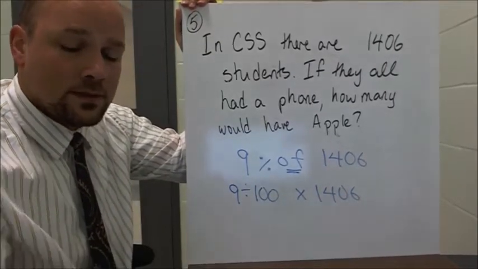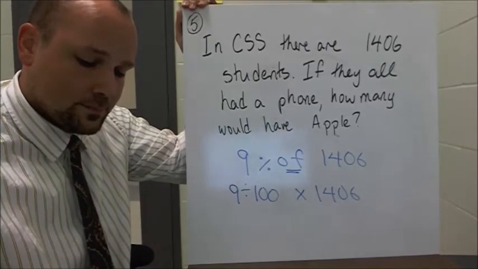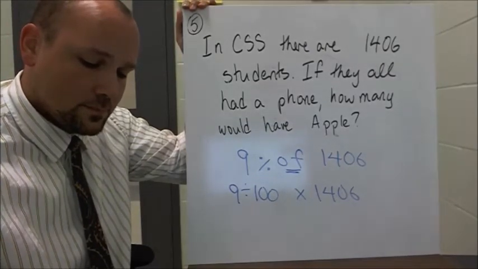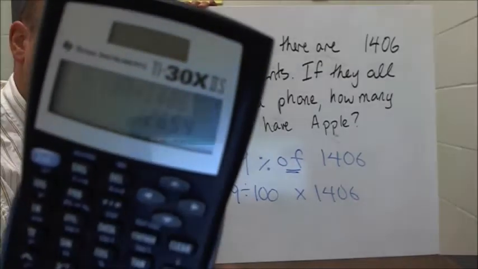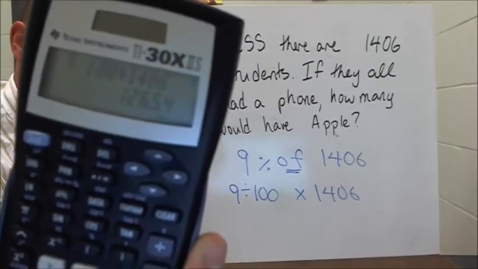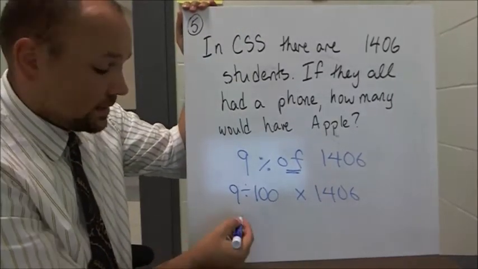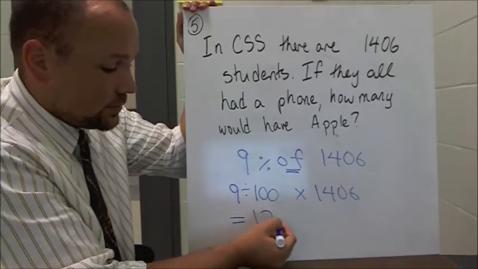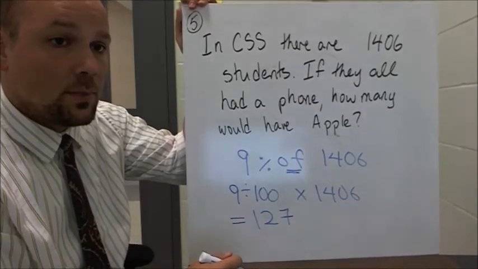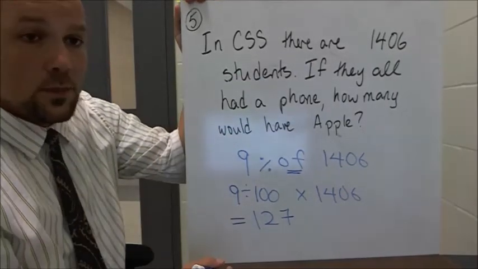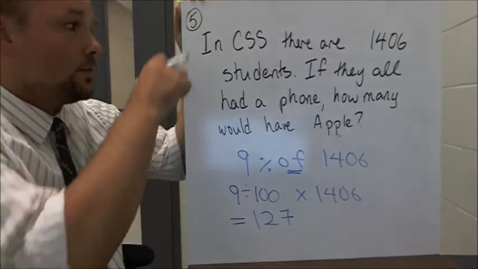I'll just do that on my calculator, and we get the answer 126.54. We can round that to the nearest person and get 127. So 127 people would have an iPhone if all of our students had a phone.